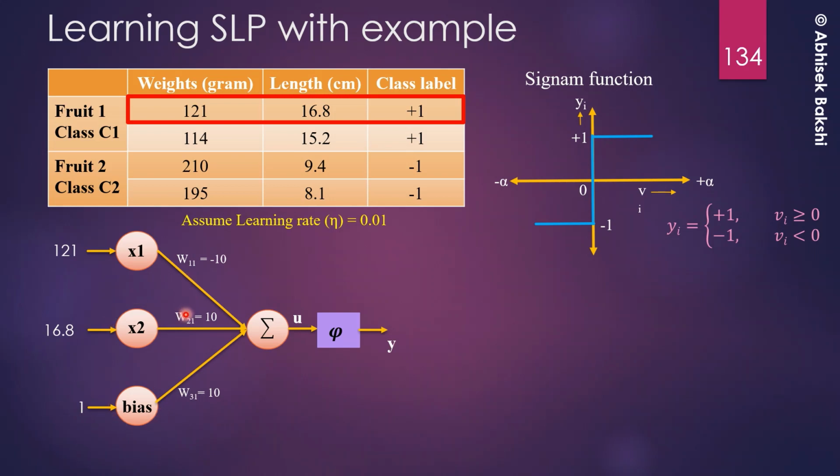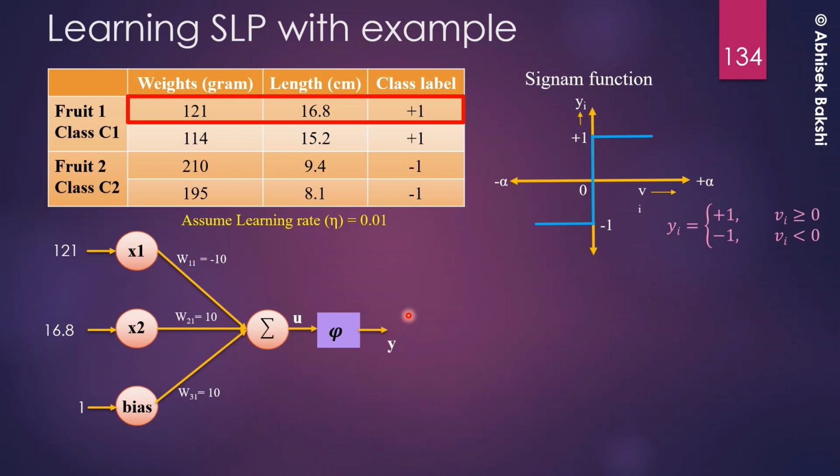And the value of W11 you can see is minus 10, 10, 10. This is an arbitrary value. You can put even 100 as well. No issue. It will be adjusted automatically. So it will be calculated, and then the signum function will be fired, and I'll get an output, and based on that we'll have a weight adjustment.